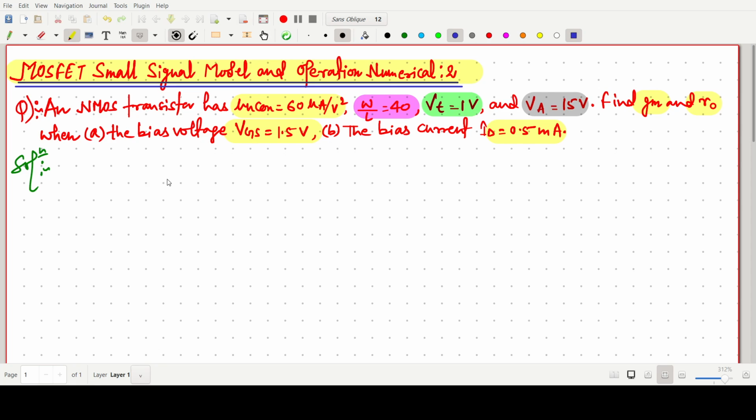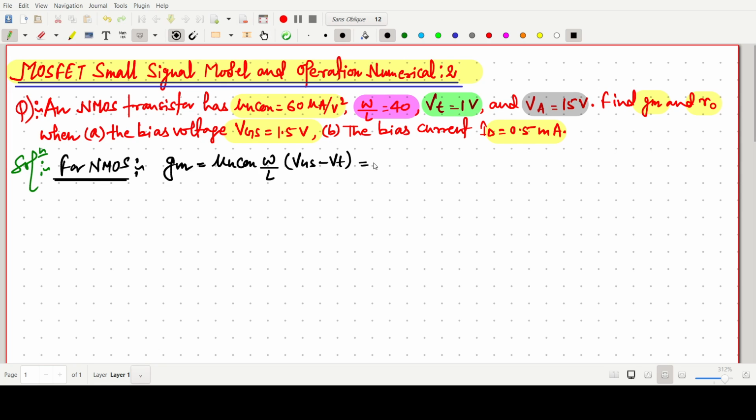before solving this problem, I just want to write down the fundamental formulas that we have to use for the calculation of transconductance. So I am writing here for NMOS. The transconductance formula, that is our gm, is simply μn Cox W by L times (VGS minus VT).